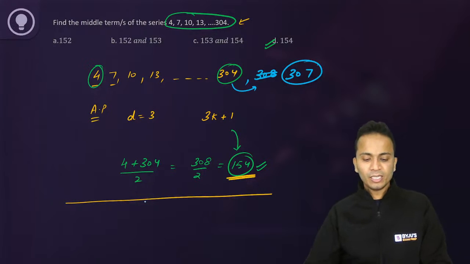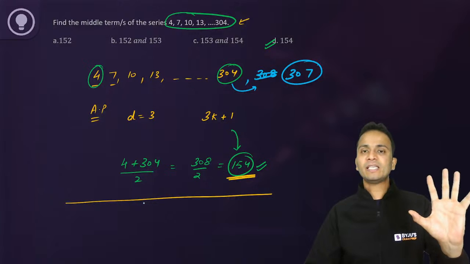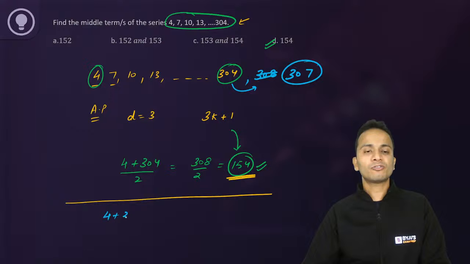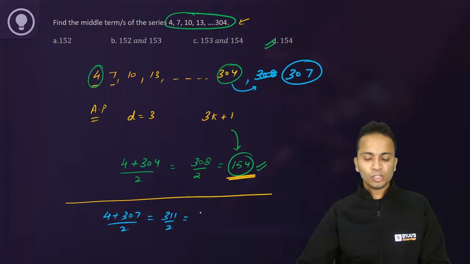Okay, right? So let's say 307 is the next term, so 4 plus 307 divided by 2, that is 311 divided by 2. So it will be 155.5.